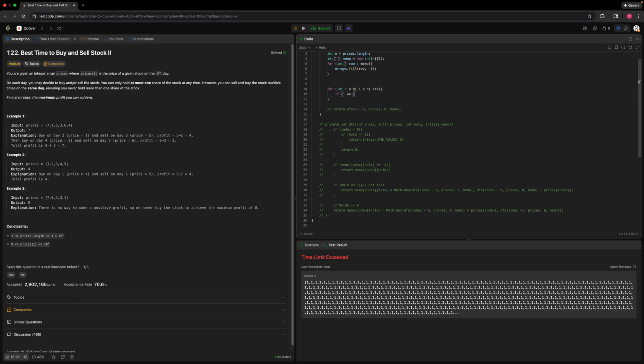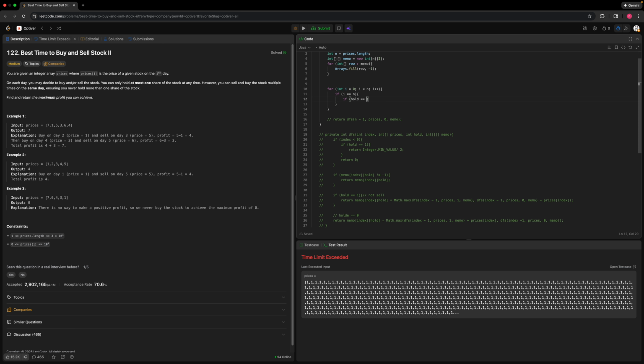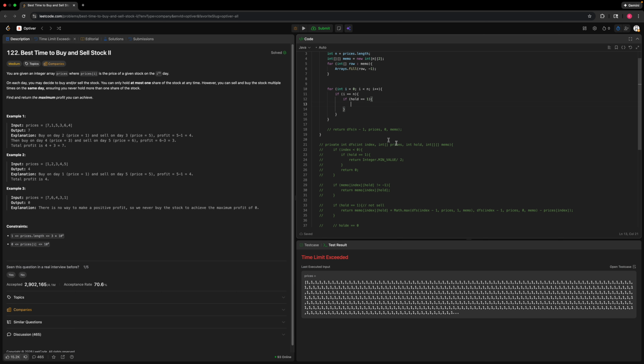If i is equal to the prices length, and if hold is equal to 1, so the memory hold i is equal to the... First memory equal to i.